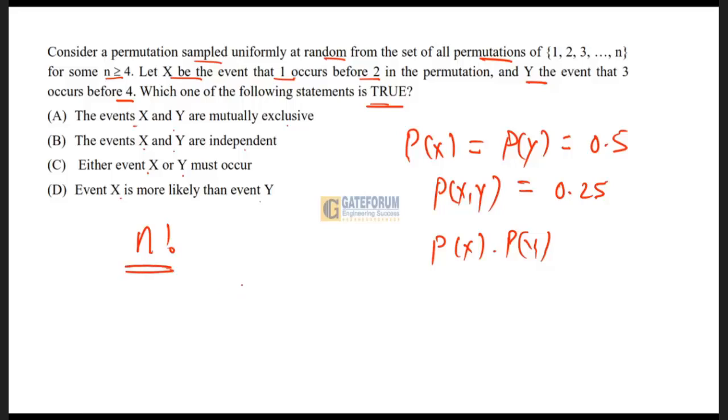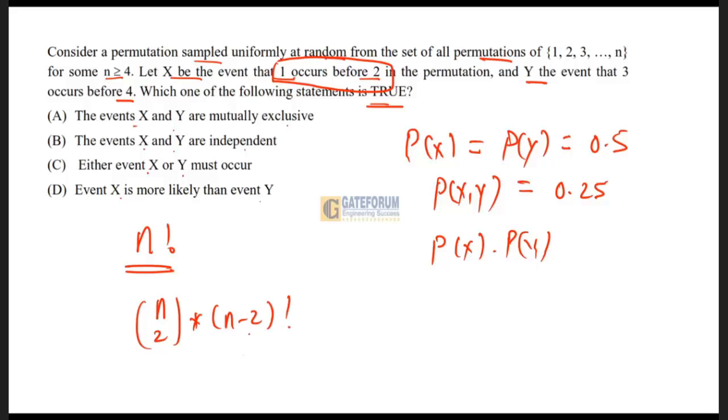So the number of permutations when 1 comes before 2 means we are covering this part: when 1 occurs before 2, it is nothing but nC2 times (n minus 2) factorial.